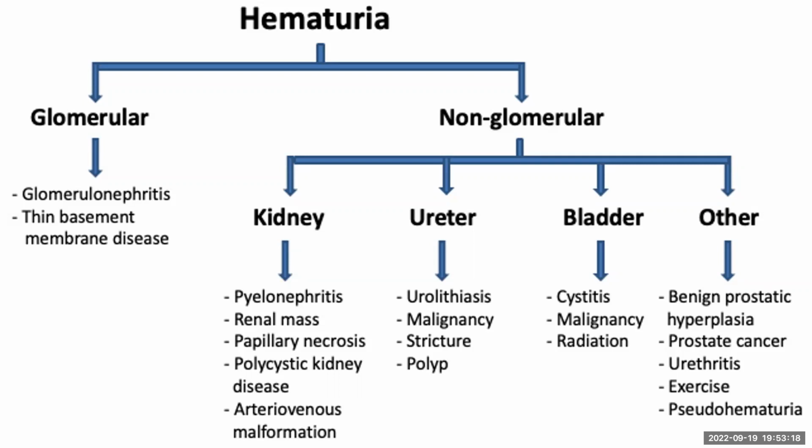Whereas non-glomerular hematuria is due to disease conditions apart from the glomerular filtration membrane, which means it might be because of a problem with the kidney, the ureters, the bladder, or other conditions. In the kidneys, it might be because of a renal mass, which is a cancerous growth, pyelonephritis, papillary necrosis, polycystic kidney disease, which may finally lead to CKD, or AV malformations.